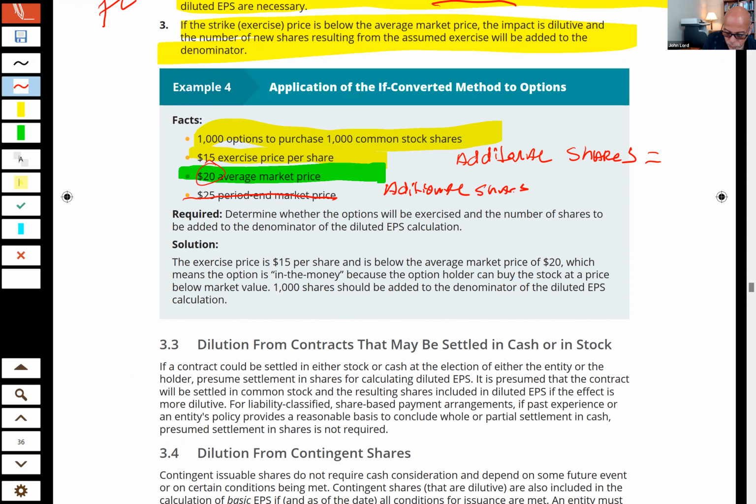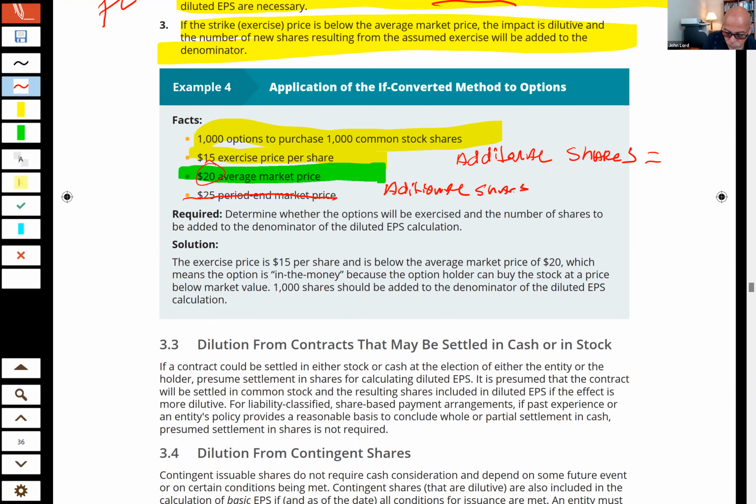So that means 1,000 times 15 is $15,000, because they're going to have to turn in the options and give us $15.